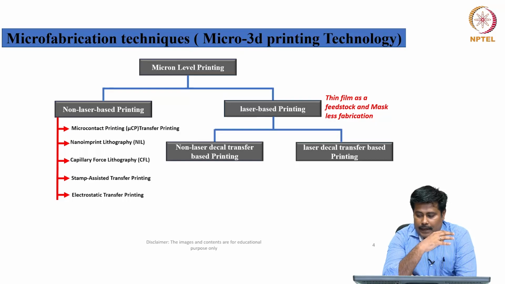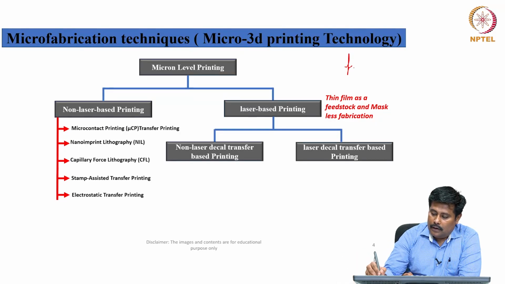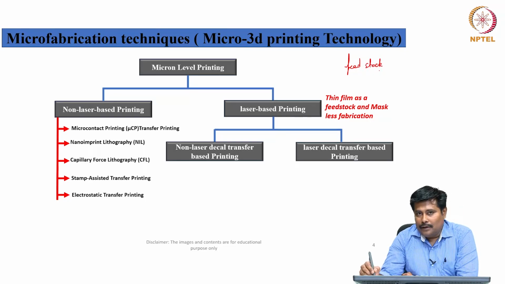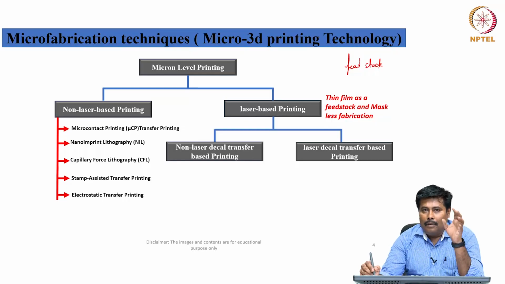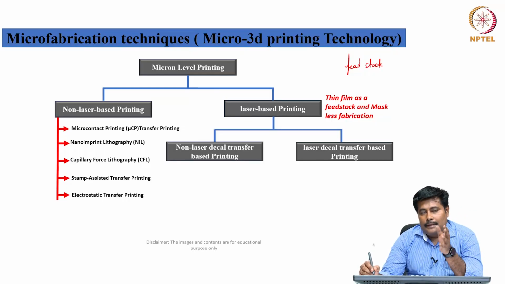In most cases, feedstock plays a vital role. Feedstock is nothing but the raw material. Based on the raw material, we normally select the type of 3D printing or additive manufacturing process for different applications.